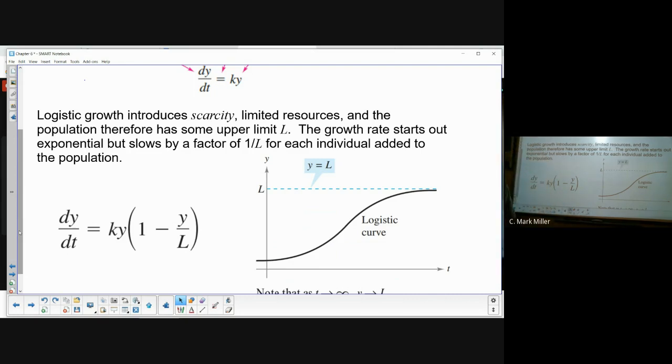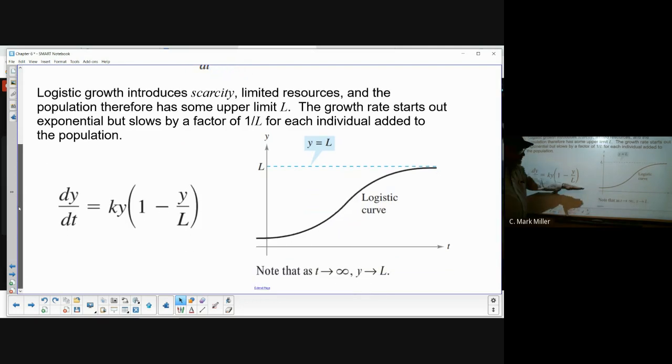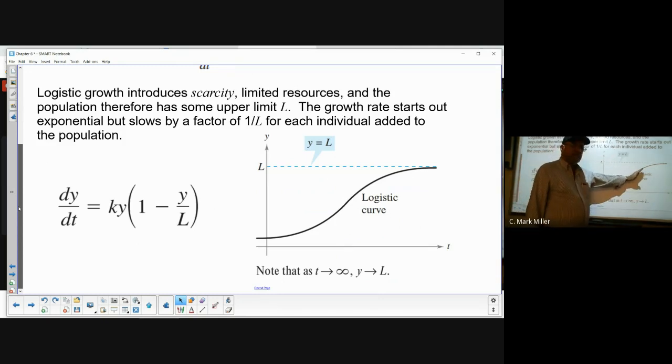That maximum we're going to call L. And I drew this on the board last week. There's some maximum. Then the growth starts off exponential, and then it flattens. It doesn't flatten to 0, and then it starts slowing down noticeably.